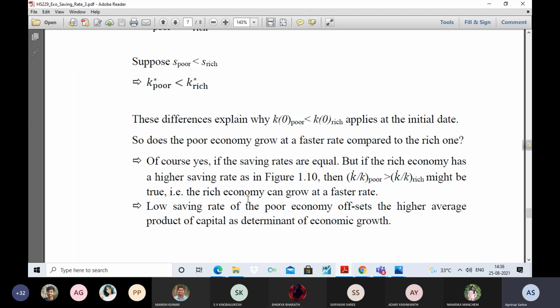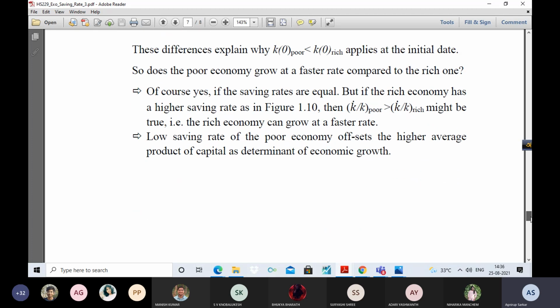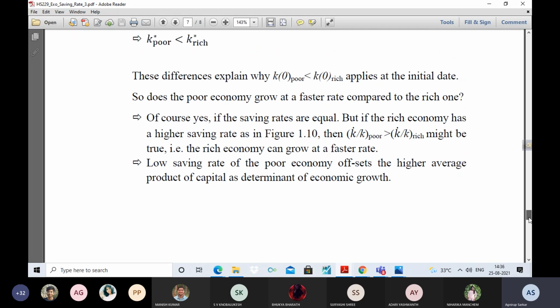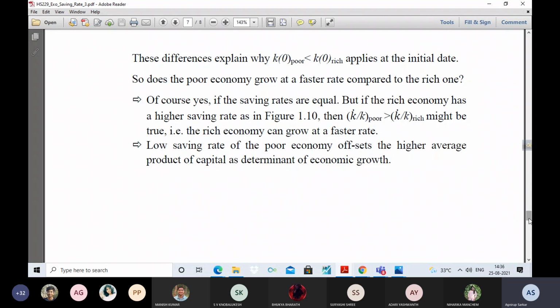That is, the rich economy can grow at a faster rate. So this is the idea, right? The low saving rate of the poor economy offsets the higher average product of capital as a determinant of economic growth, right?